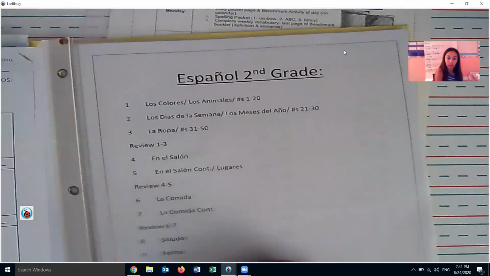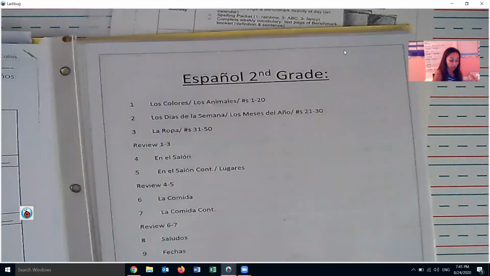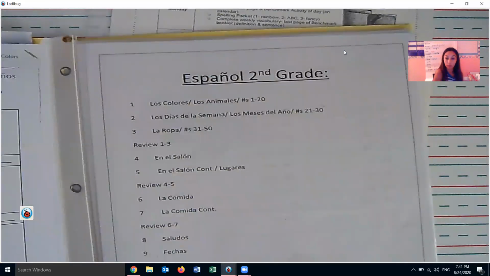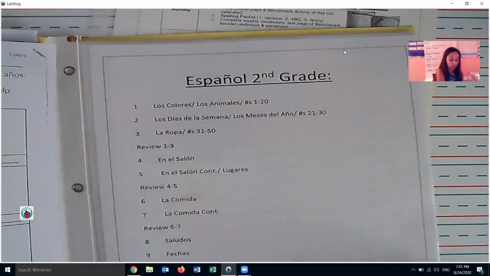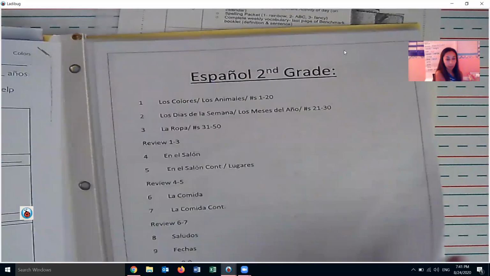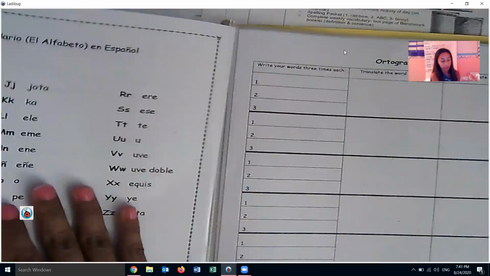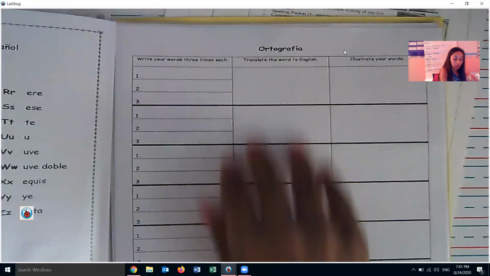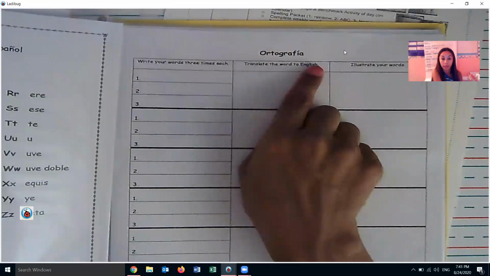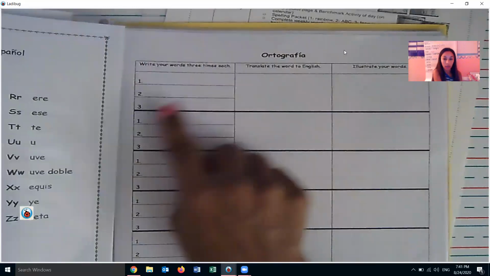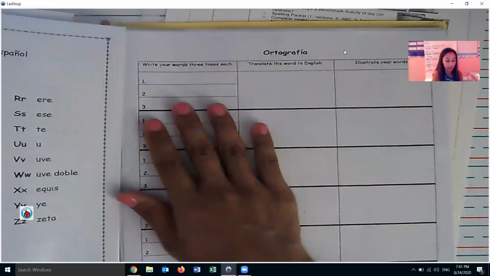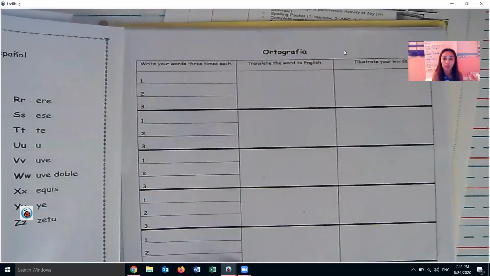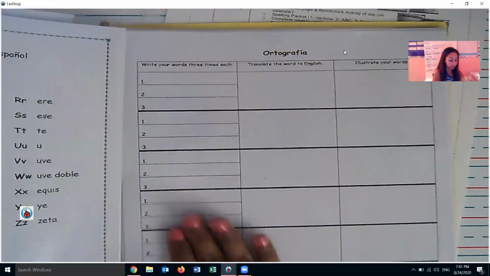So the first one has a breakdown of everything that we'll practice this year. So right now we're just on number 1. If you flip that page over once, you'll find the alphabet, which we'll be going over later on. And then you have this page that says ortografía, which means spelling. So we practice how to practice our Spanish words using this here.